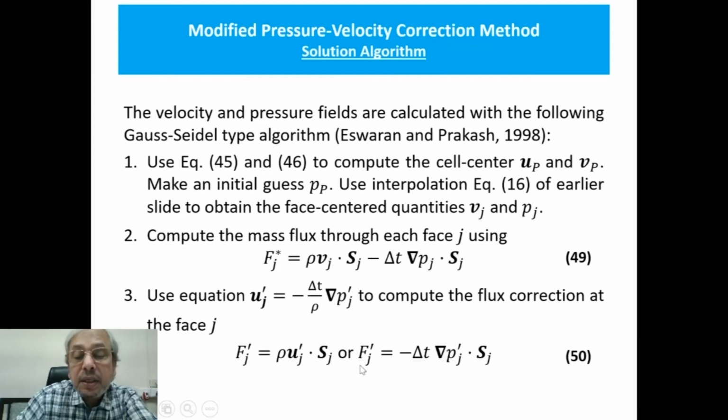So if we substitute minus delta T by rho into grad Pj prime for Uj prime, we get this expression, which is equation 50.